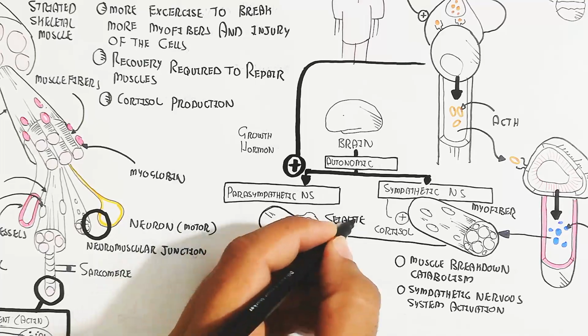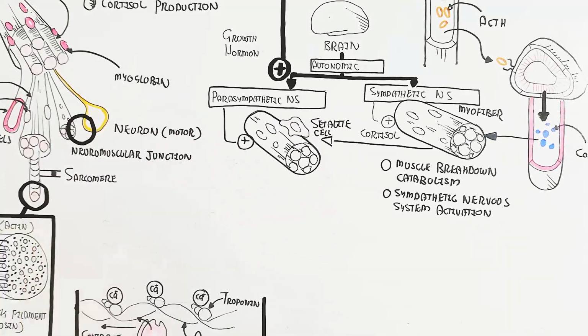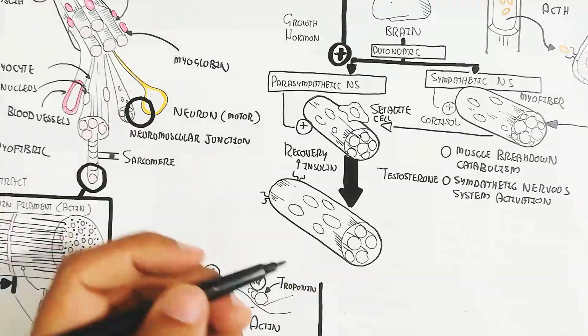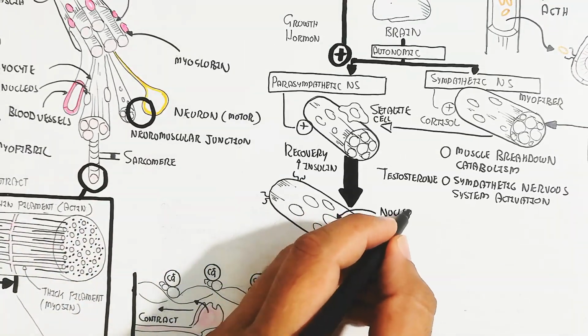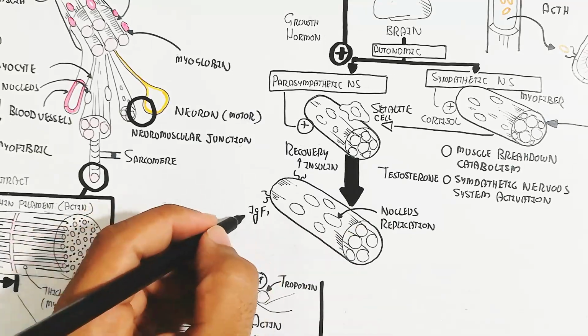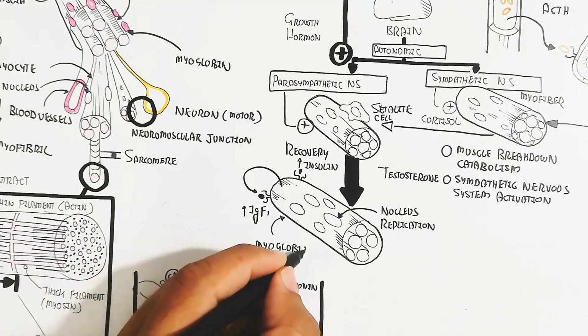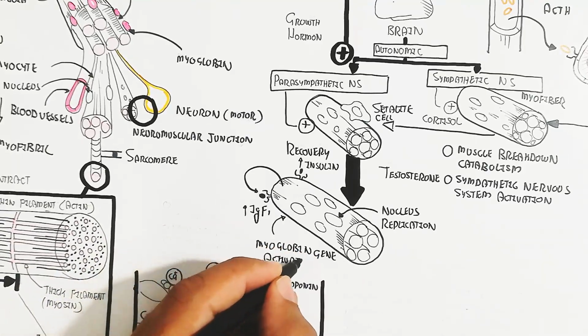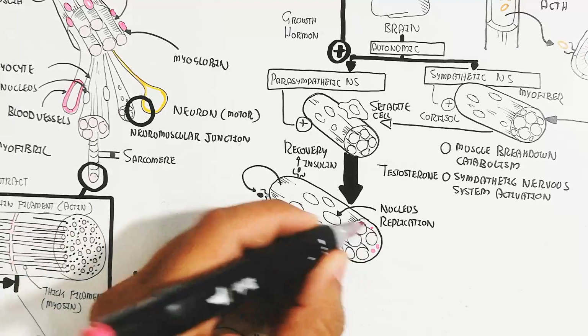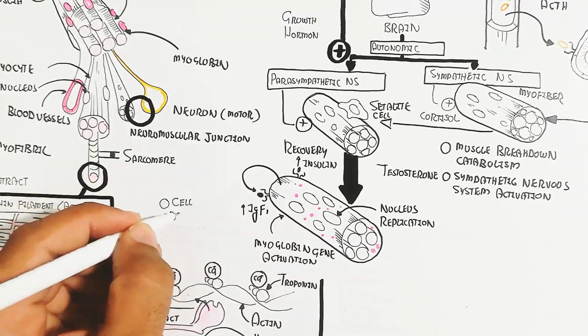time. In this way, the satellite cell will proliferate into the myocyte, the myofiber. Testosterone is also used for the recovery, and insulin whenever you eat food, and insulin-like growth factor 1 will bind to a cascade of phosphorylation for the synthesis of proteins like myoglobin, with myoglobin gene activation and nucleus replication.